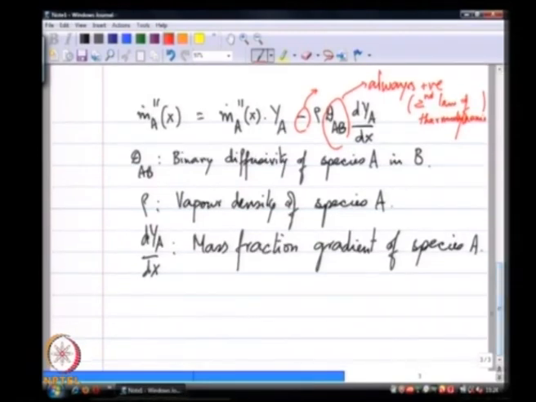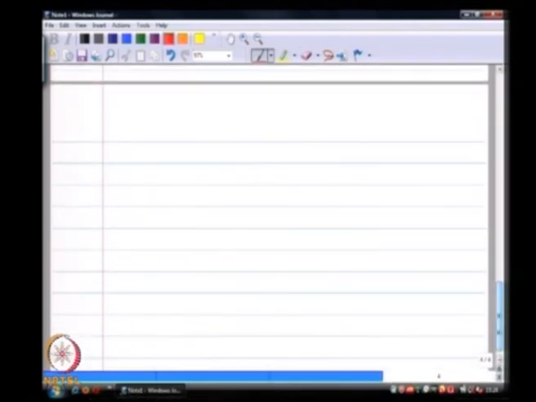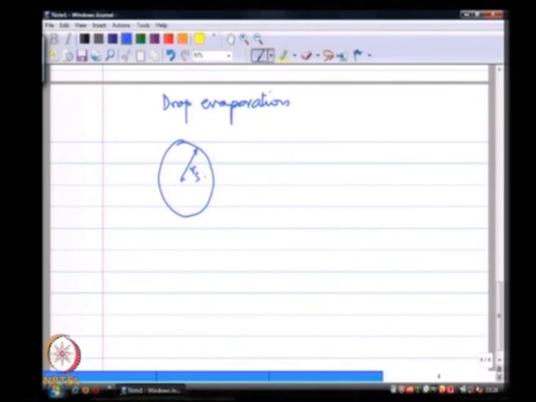Now, if I come back to the situation where I have a drop, I will place my coordinate system here. R_s is the current radius of the drop, and in that R_s formulation I can look at what happens in this r coordinate system.